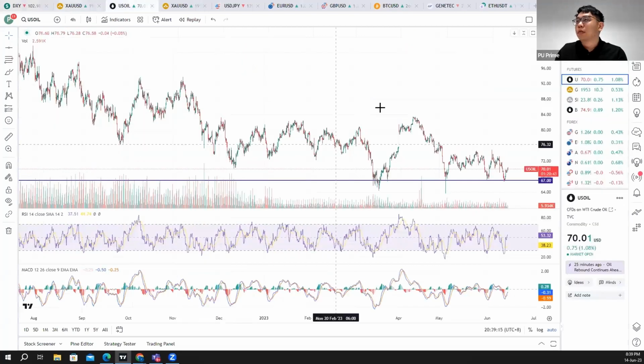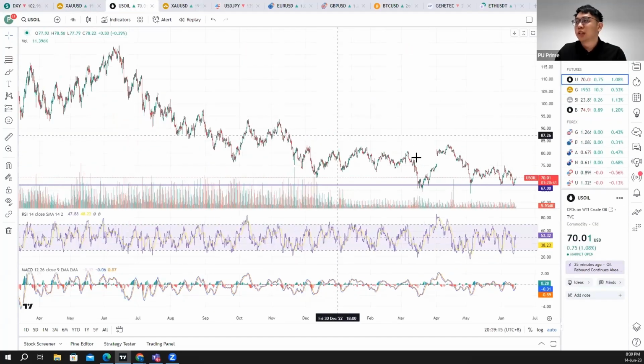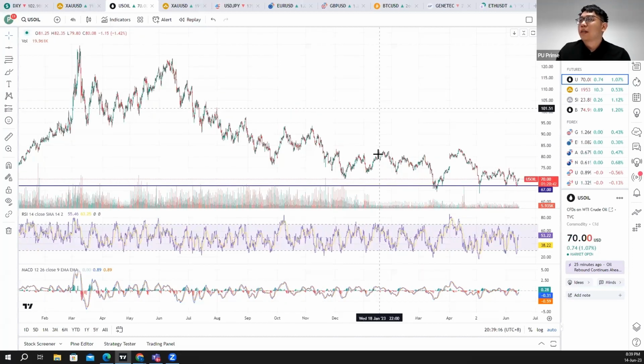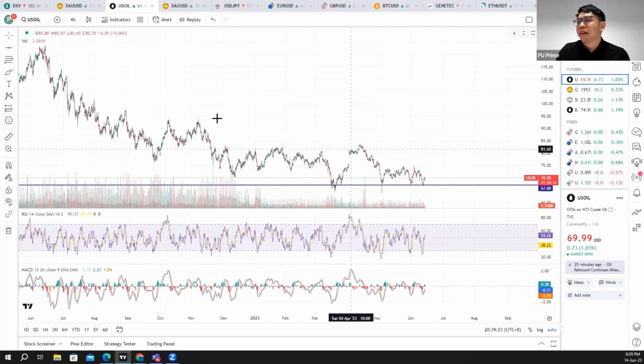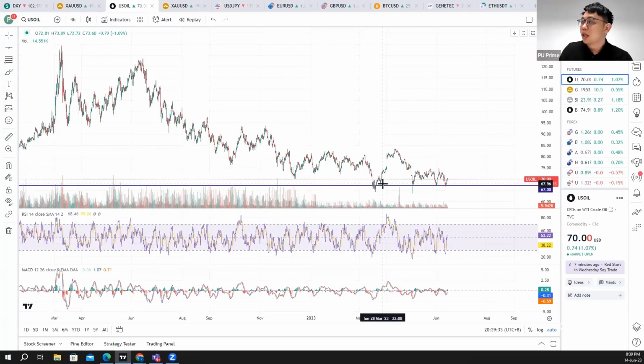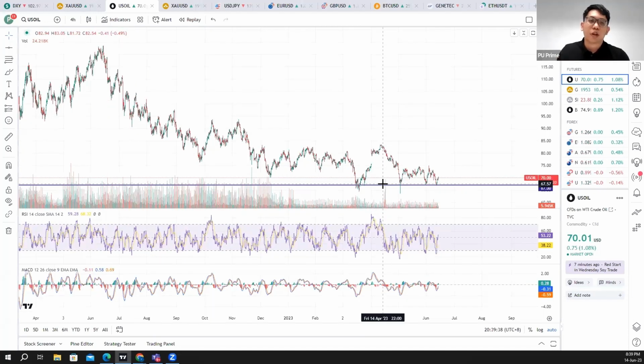And another example will be US oil. So now we know that oil is trading in a very sluggish manner, and is being supported at around $67 per barrel. So let's say now we have the news that the Fed is going to pause the rate hike, and maybe later on start to cut the rate.